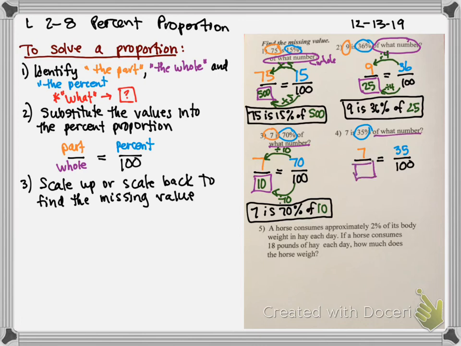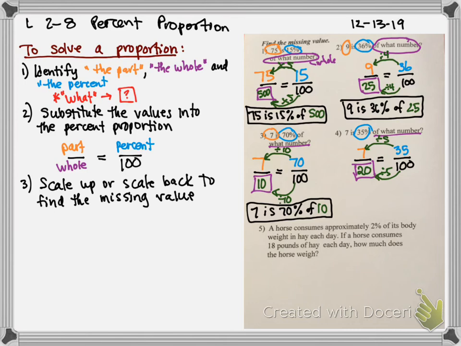whole number. So again, I got to figure out, let's see, I want to go towards the mystery box, so I got to go this direction. 35, oh, I'm going to scale back by dividing by 5 to get to 7, so I'm going to divide this by 5, and that gives me 20. So again, we have the proportion 7/20 is the same as the proportion 35/100.